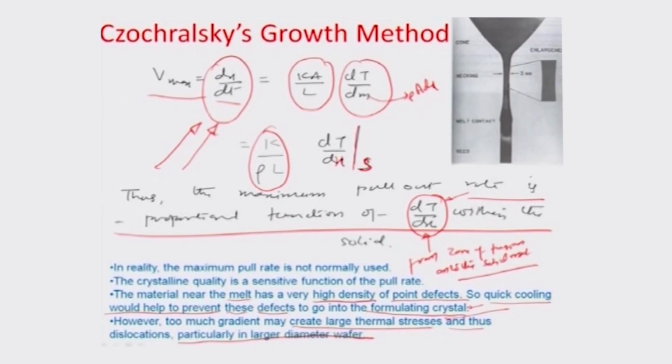And it is really not a yield based decision sometimes. It is basing itself on the purity of the material, particularly because we are growing single crystalline silicon here, purity of the material in terms of point defect density, and also thermal stress created dislocations, etc. So, it is a function of a lot of other quality parameters for the wafer apart from the yield. So, that is how the Czochralski growth process works.